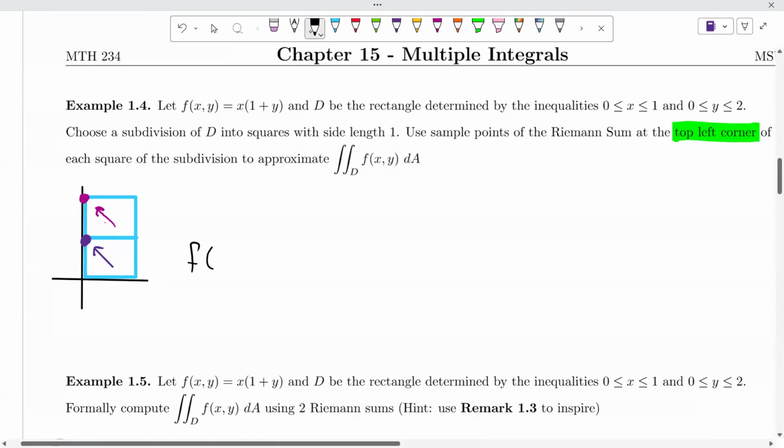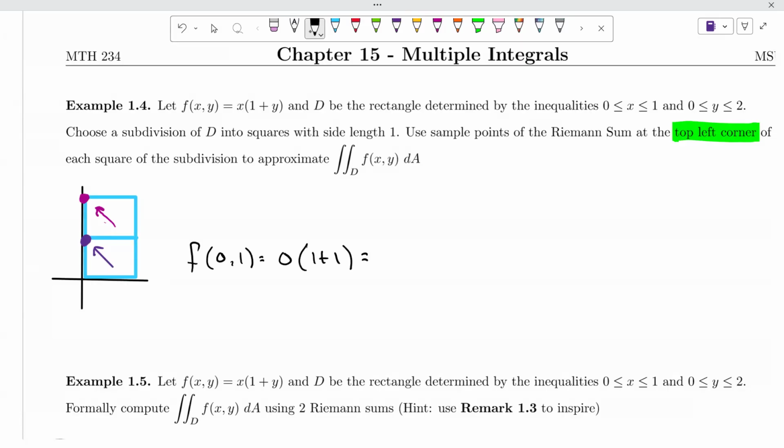So f of, in that upper left, that'll be 0, 1, which is going to look like 0 times 1 plus 1, which is 0. And I also want to get f of 0, 2. You can probably see where that's going.